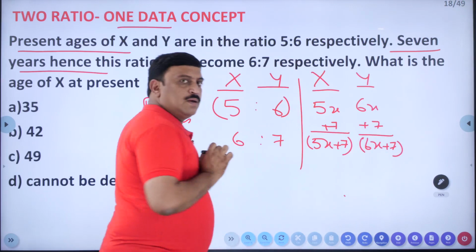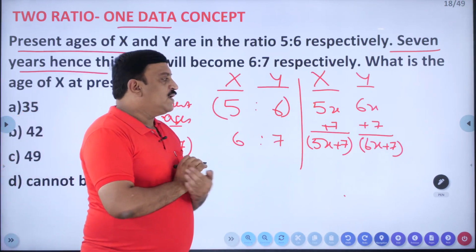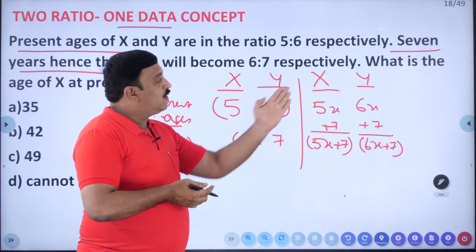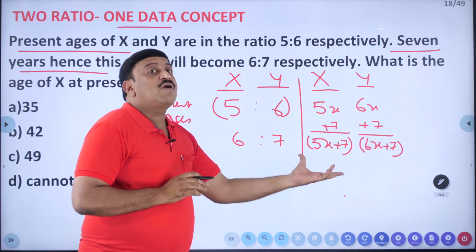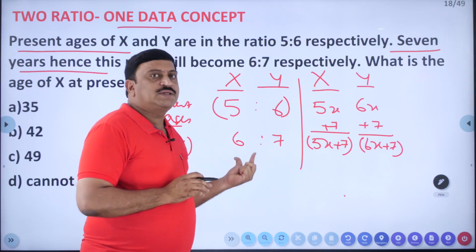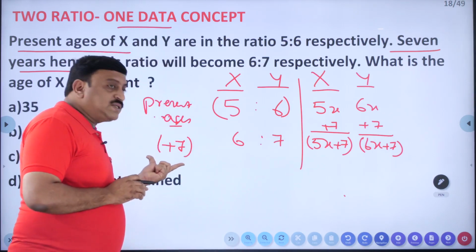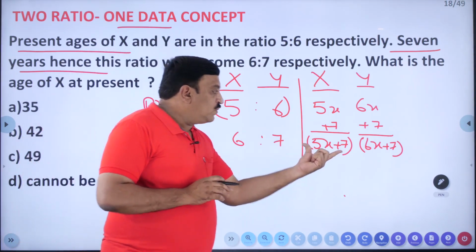Understood? Now 5x plus 7 and 6x plus 7 are the ages after 7 years of X and Y. But in what ratio are these ages? The ratio should be equal to 6:7, because 6:7 is the ratio after 7 years only. So this ratio will be equal to the ratio of these ages.